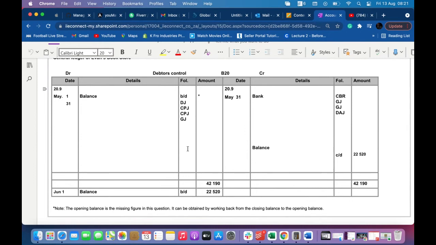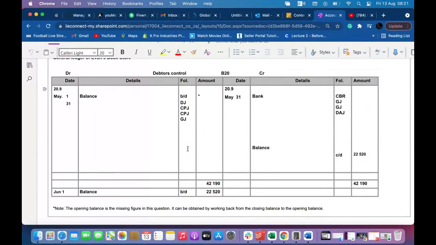So what that means is if the total on the debtors journal was overcast, it means the total of stuff sold to us, in other words, the debtors column in the debtors journal was higher than what it should have been.